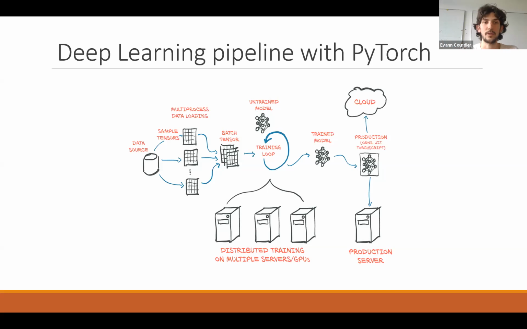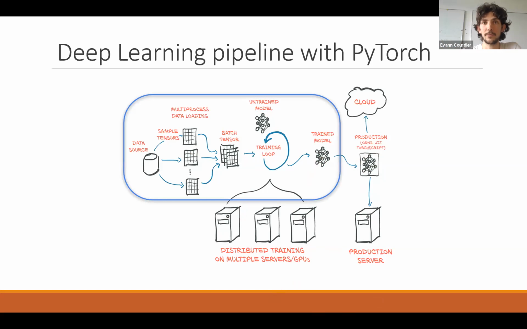You can put it to production using a production server. You can do your training distributed. What we'll focus on for this presentation is mostly how to get your data available for your model to be trained, and how the training loop is built. What I want to do is basically to see each bit of the training loop and try to find how to do this in PyTorch.